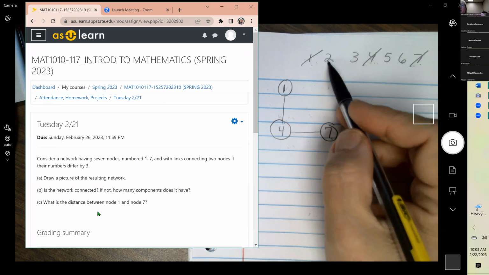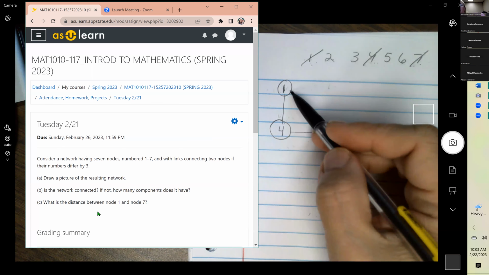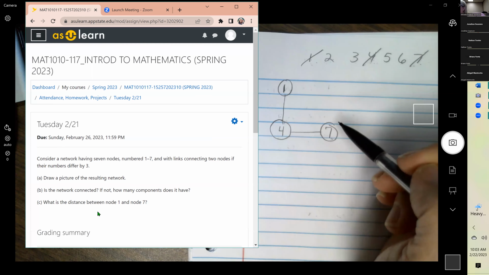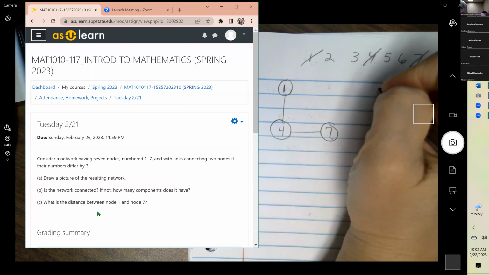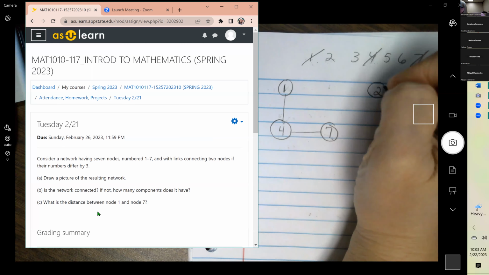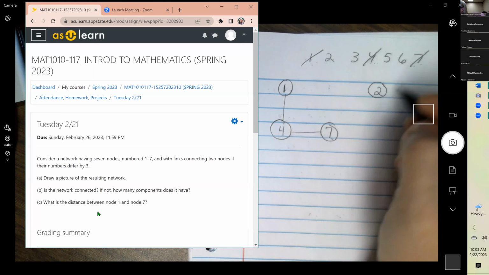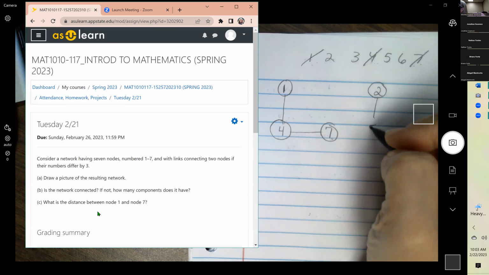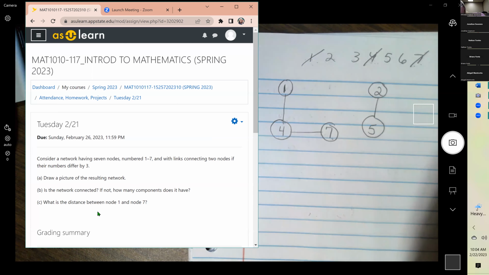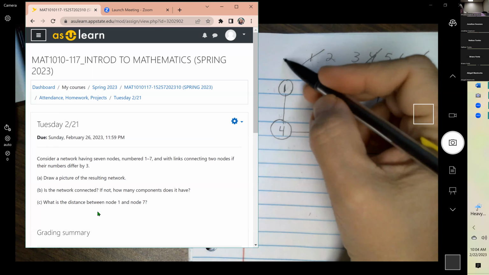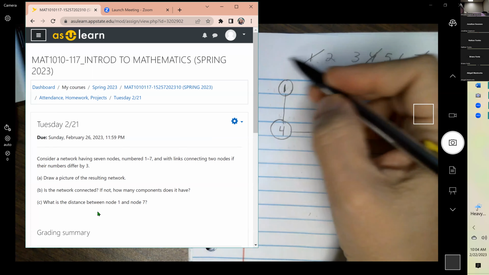This is going to have to have its own new link because none of these will connect with 2. So then if we have 2 going up 3, 1, 2, 3 gives us 5. We can't go down 3 because that would have to be negative 1.